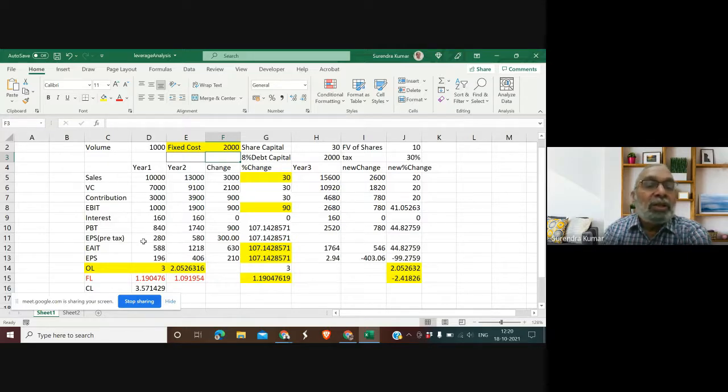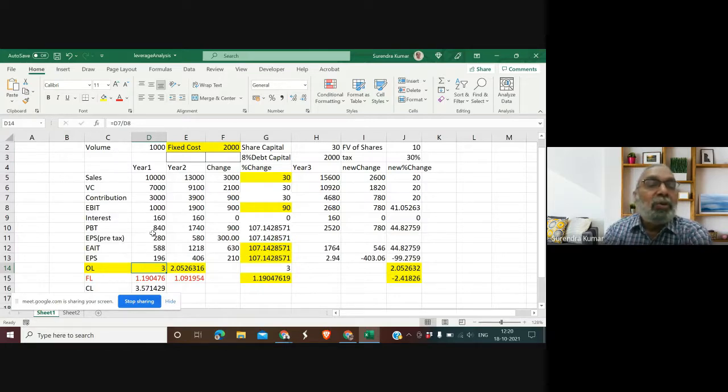Now, if you look at the operating leverage, which we also describe as contribution over EBIT, right? So that's what we are getting, the value 3, right?